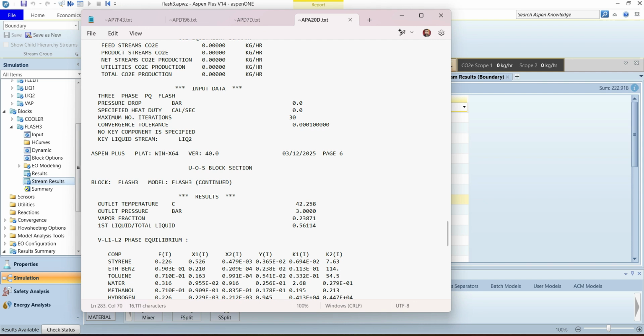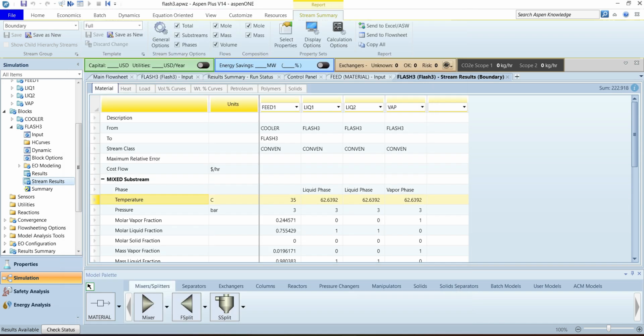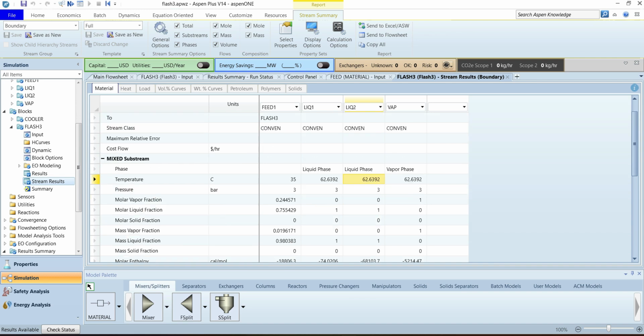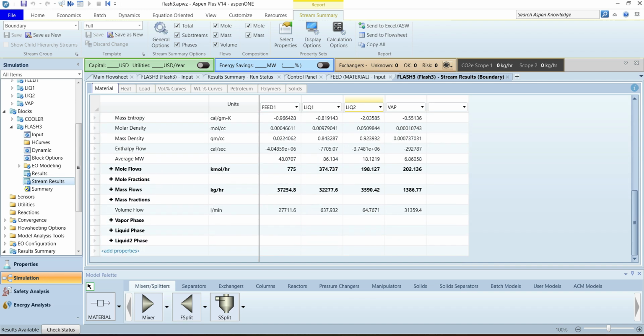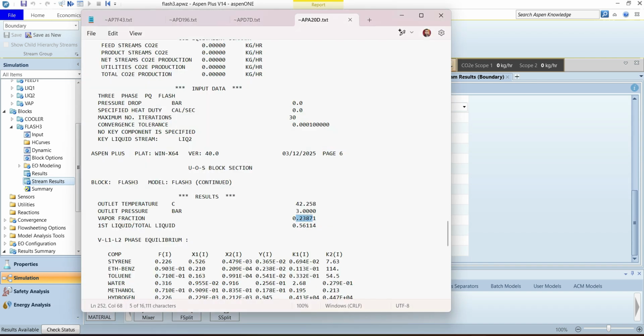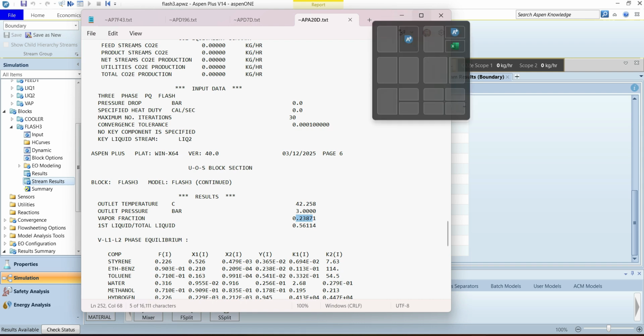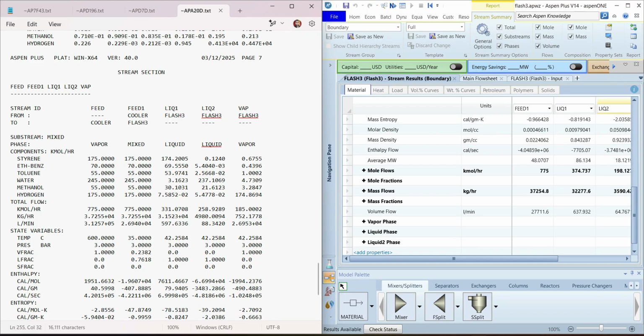The vapor fraction was 23, but right now it has overestimated the temperature. Rather than 42, it has estimated 62. That means there is a clear difference between the two methods' results. Other than temperature, let's compare the compositions. The available compositions are the mole fractions.